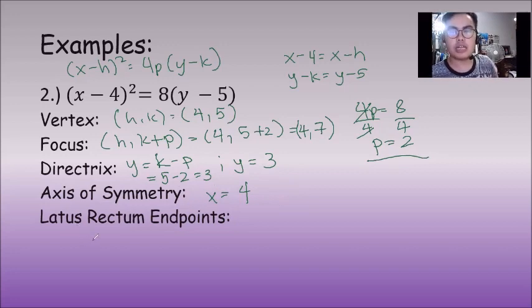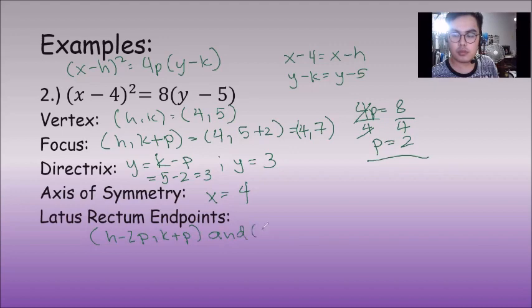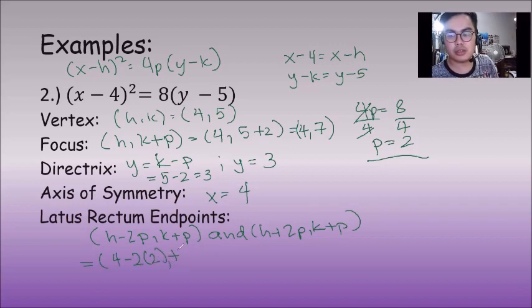In order to get the latus rectum endpoints, we're going to write the formula. Our h is 4. So all we have to do is substitute. Then our p is 2, substitute again. Then our k is equal to 5.